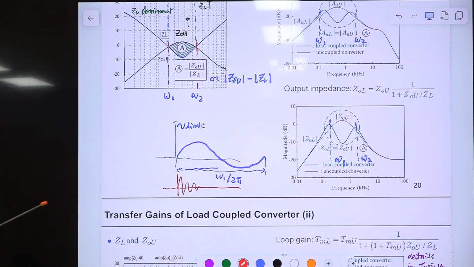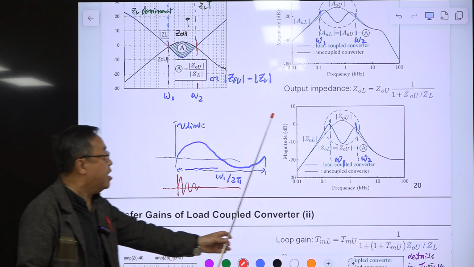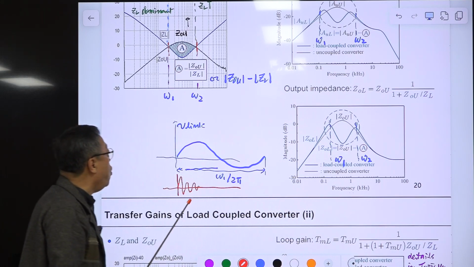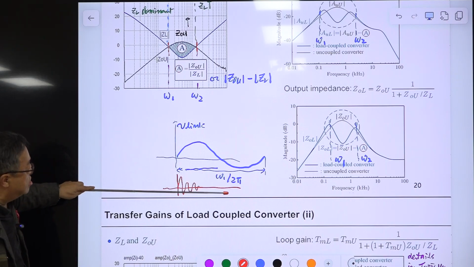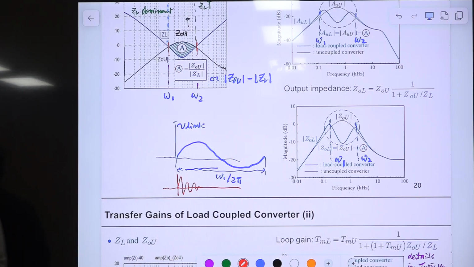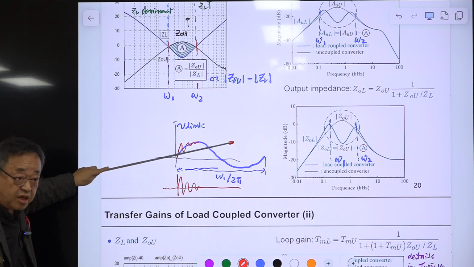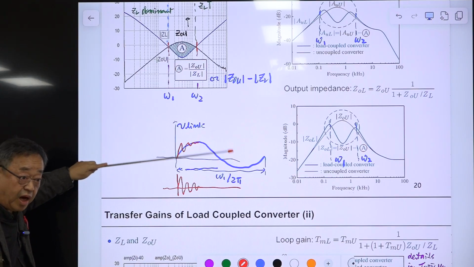This frequency is fast because omega 2 is much larger than omega 1, and the total response is sum of this one and this one, and you will see this here. Okay, so this low frequency response plus this high frequency superimposed on top of that.